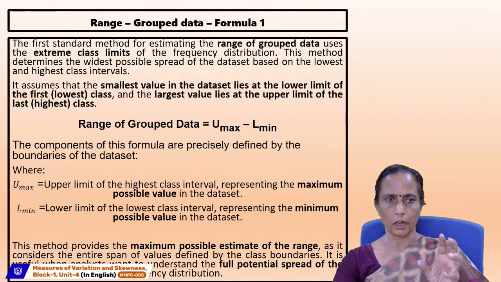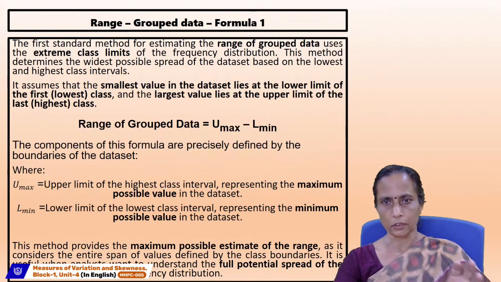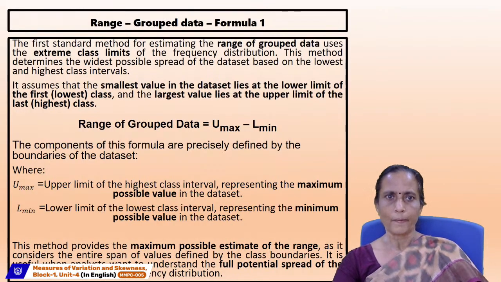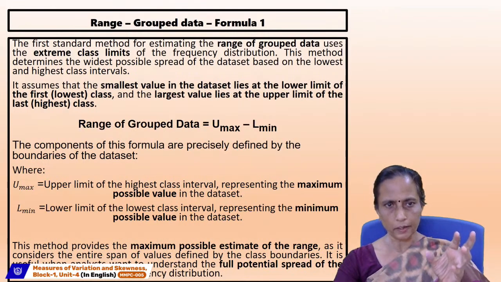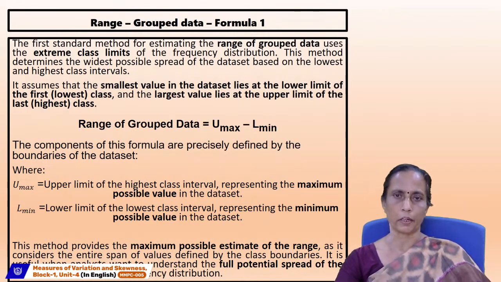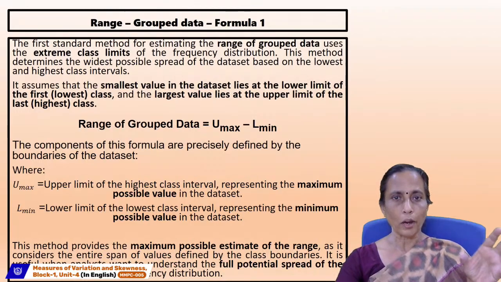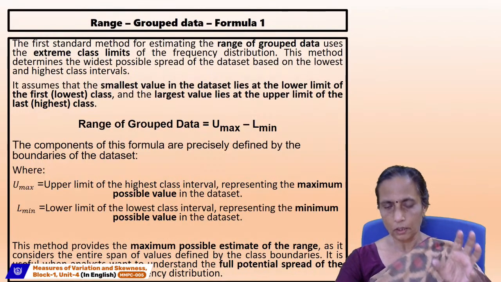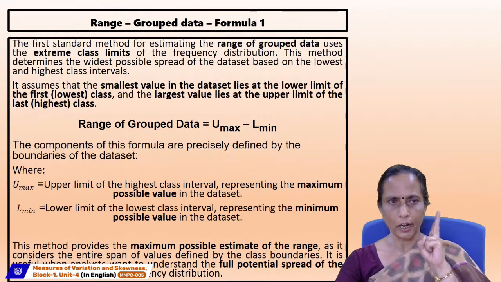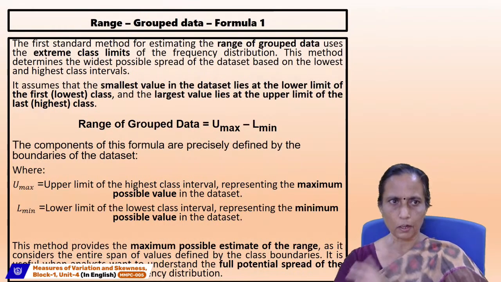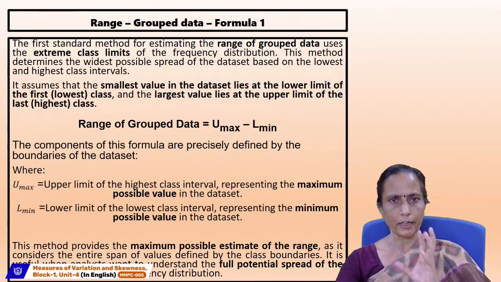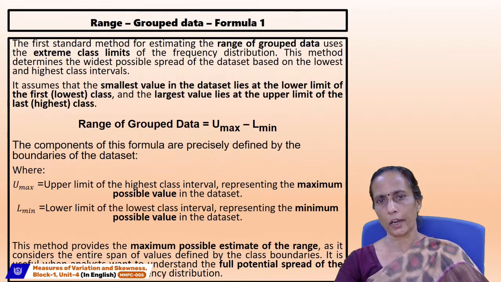If we are tabulating our data as a frequency table or frequency distribution, then our data is grouped data. So if our data is grouped, how can we calculate the range? For that, we have two formulas. The first is the standard method for estimating the range of grouped data. It uses the extreme class limits of the frequency distribution.